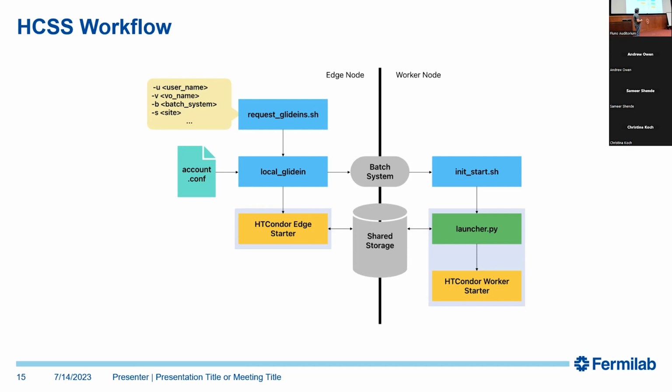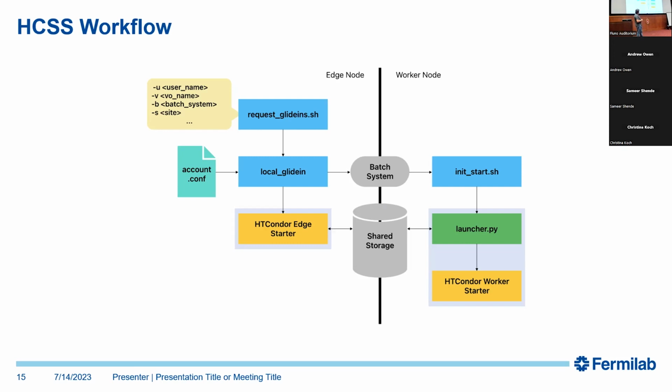At the same time, it will submit a batch job that will contain this init start script here that will, again, queue up and wait to take hold of a worker node. Once it has a worker node, it will start running. And all this script does, besides executing the pre-job scripts, is launch this launcher.py file here. What this script does is watch the shared storage here for jobs that might have been downloaded from the edge node starter.